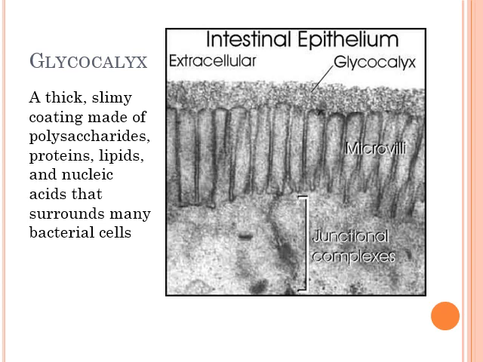Outside the bacterial cell, you might have what's known as glycocalyx. Glycocalyx is super awesome, and I didn't realize until I wrote all the lectures for this course how ubiquitous it is, how everywhere it is. It is thick and slimy. It's made up of polysaccharides, proteins, and lipids, and it surrounds bacterial cells. It acts almost like a shield.